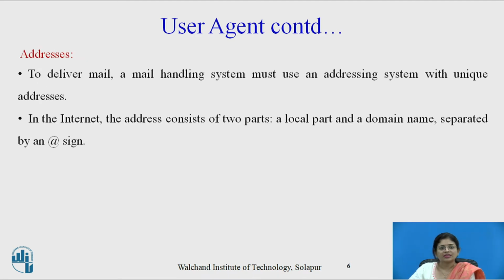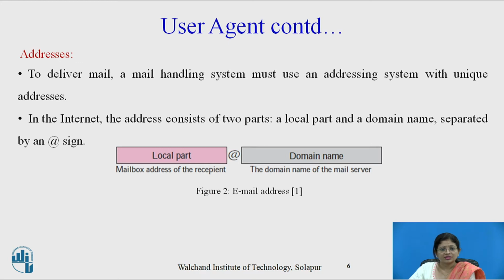Now look at the addresses. The user agent has addresses also. To deliver a mail, the handling system must use an addressing system with unique addresses. In the internet, the address consists of two parts. The first one is known as the local part and the other is the domain name, which are separated by the @ sign. In this diagram, the local part and the domain part are separated with this @ sign.